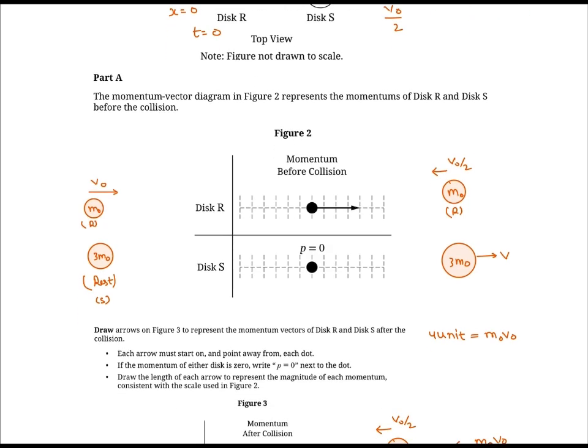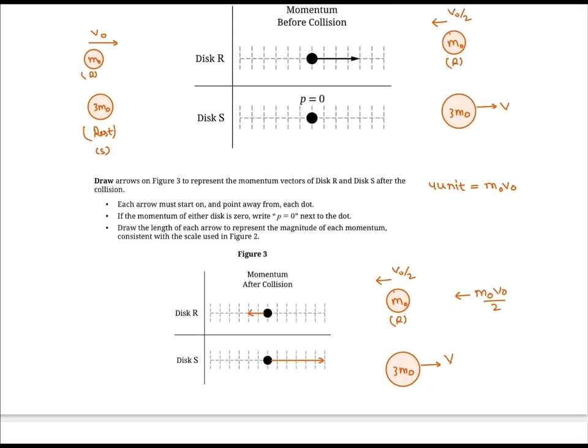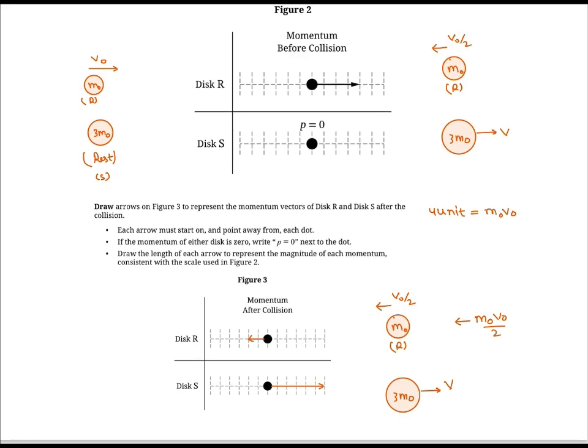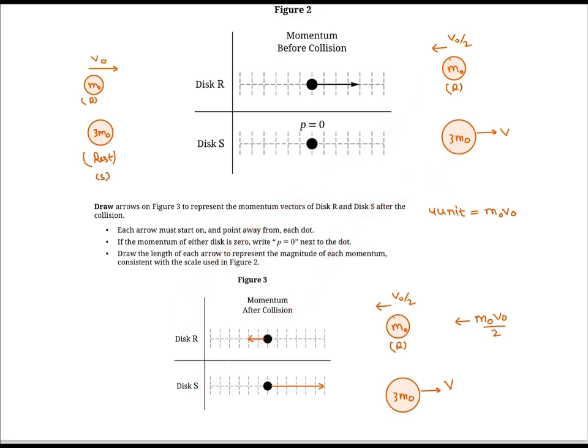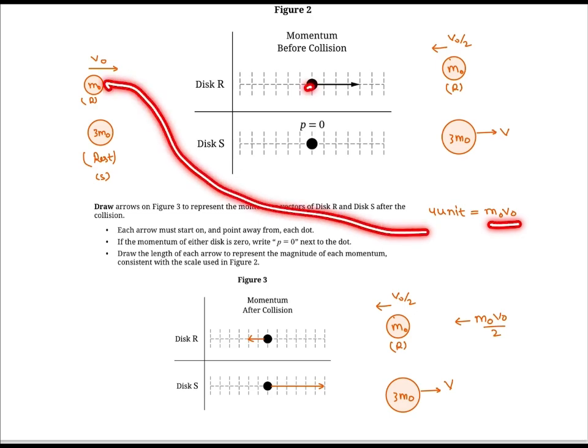After collision, the 3m naught disk would be moving with velocity v, and the m naught disk would be moving with velocity v naught by 2. Now we have to represent the momentum of disk R and disk S after collision. As I've already told you, m naught v naught is represented by 4 units.